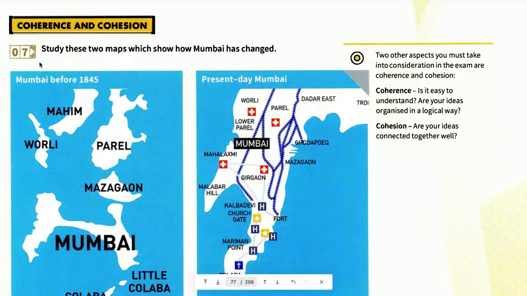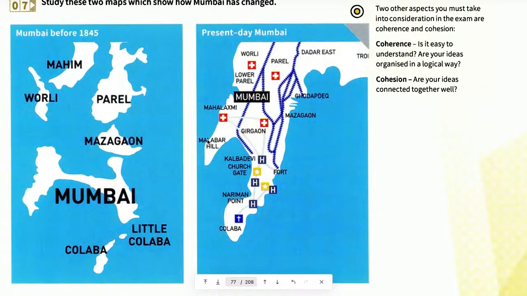Okay, now exercise 7. Study these two maps which show how Mumbai has changed. On the left side, what do we have? Yes, Mumbai before 1845. And on the right side we have? Yeah, present day Mumbai.